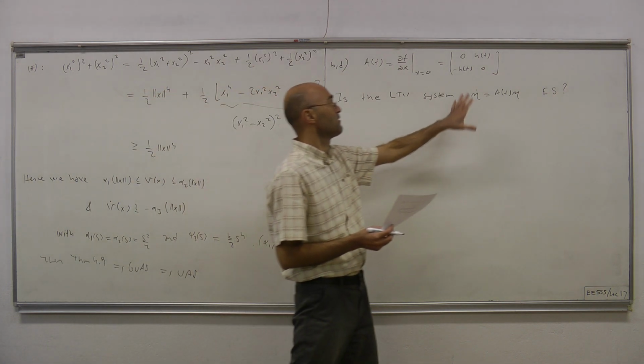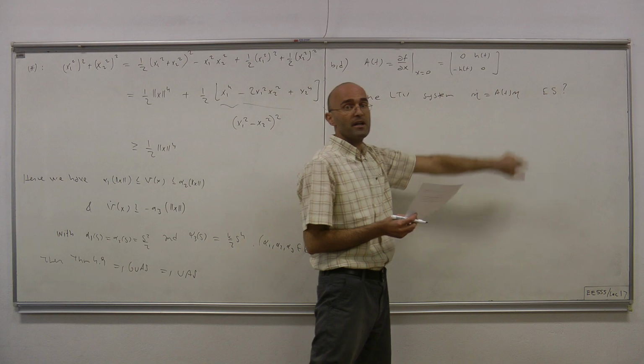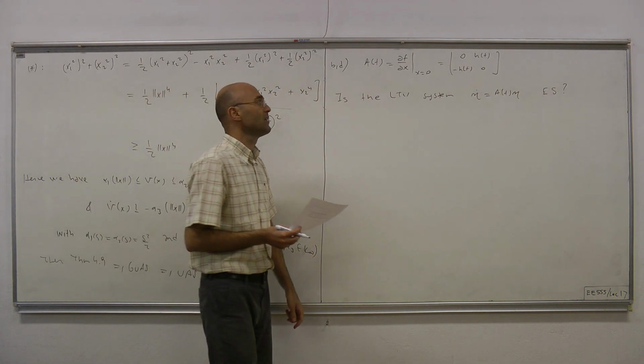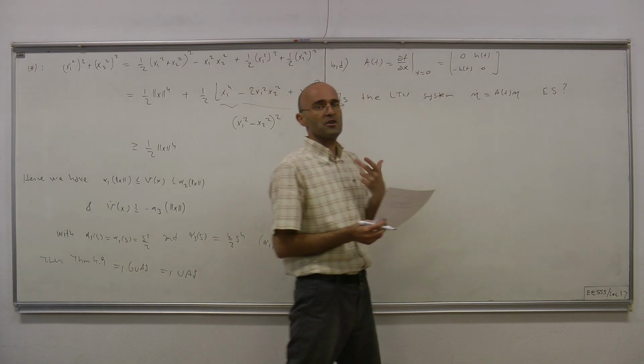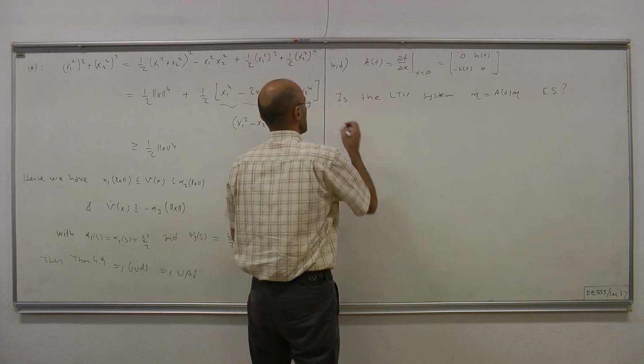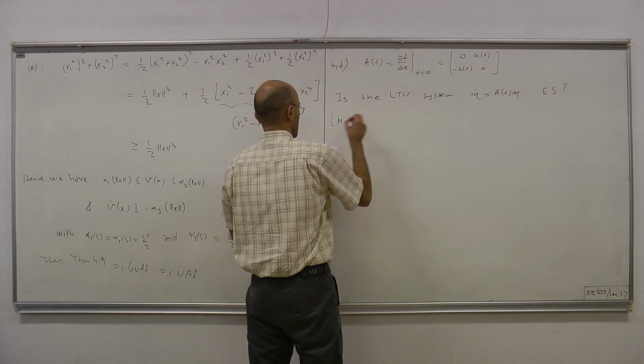A time varying A matrix may have constant eigenvalues. Even in that case, eigenvalue locations don't tell you anything about the stability in general. So let me put that important remark down.